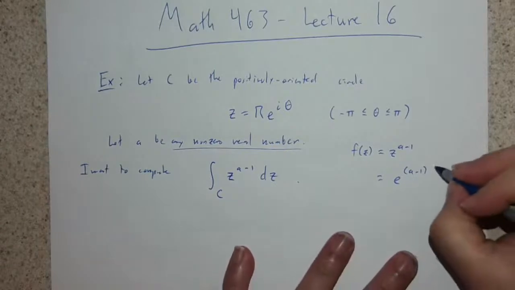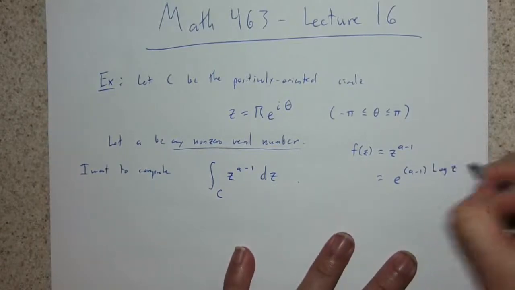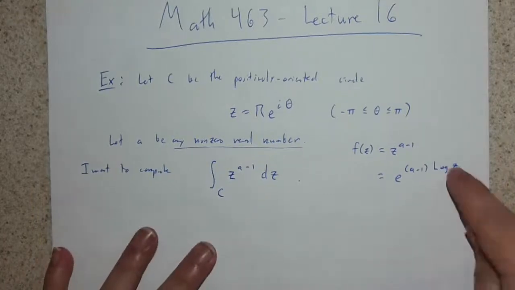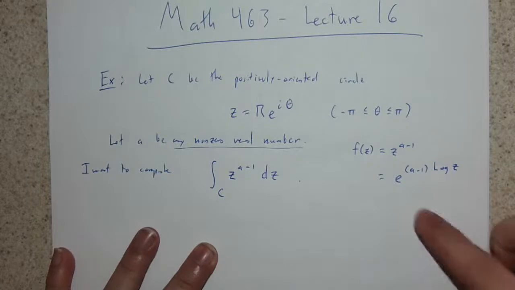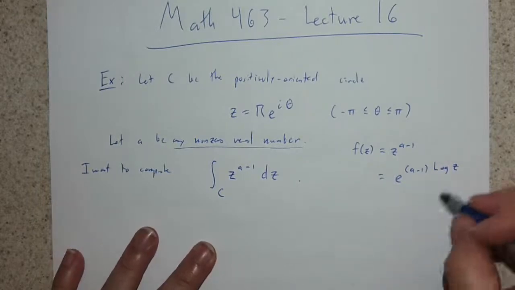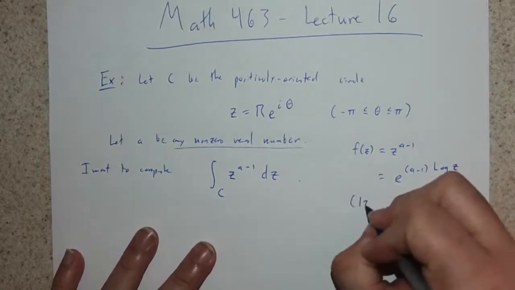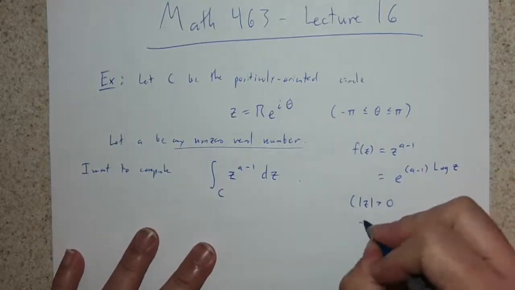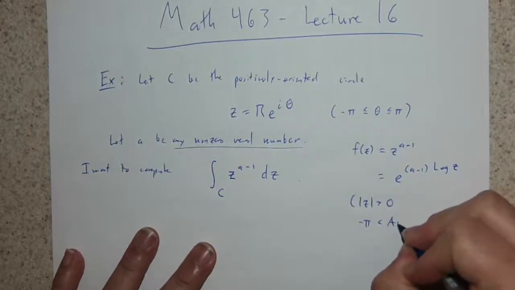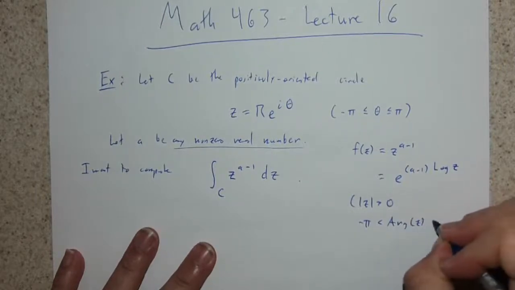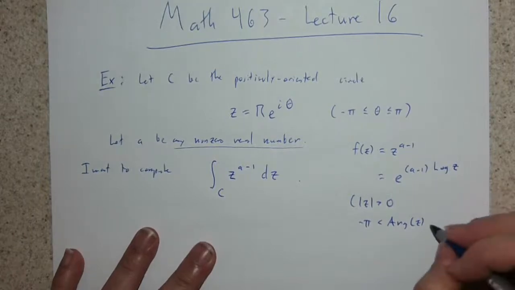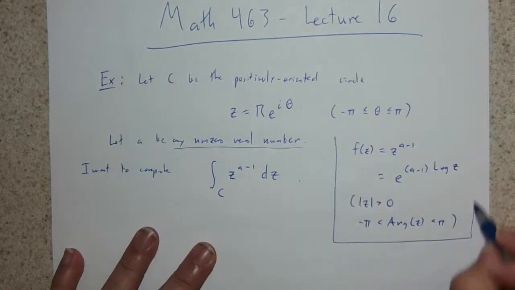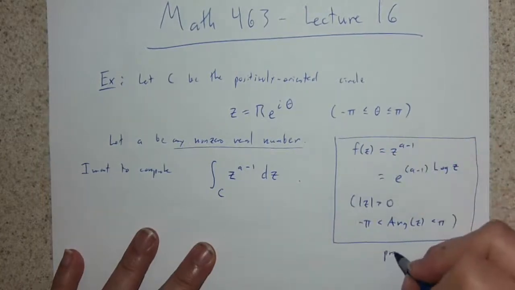And so if we take, say, the principal log here, this means I'm taking the principal branch of this thing. So the principal branch is: the modulus of z is positive, and the argument of z is the principal argument, which of course is strictly between minus pi and pi.